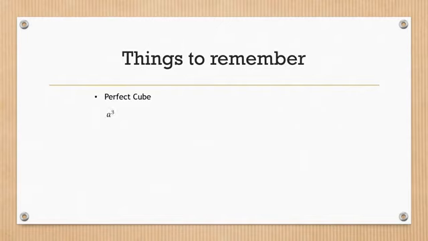Let's say, for example, class, you have a raised to the power of 3, where a represents any number raised to the power of 3. That is equal to a times a times a, meaning you multiply a three times.